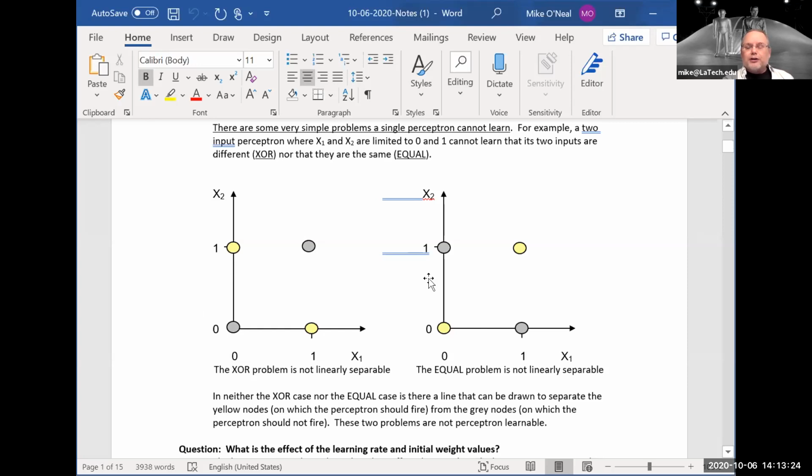I've just swapped what's on and what's off. There's no line you can draw to separate the two yellow dots from the two gray dots. So a two-input perceptron can't even learn if its inputs are the same or different. And that's why perceptrons died for about 20 years.